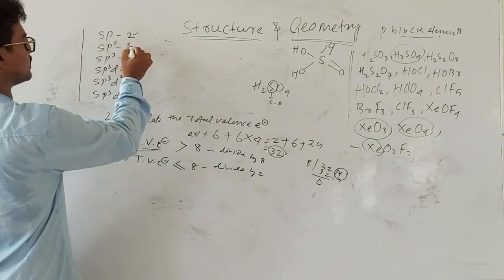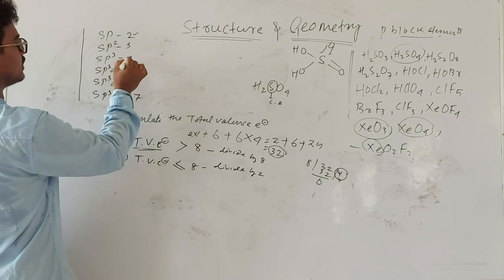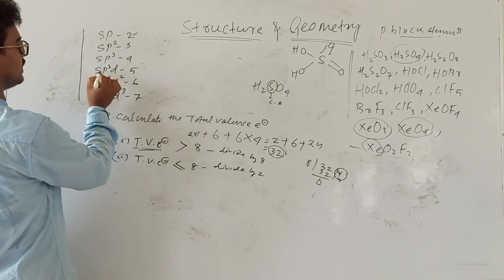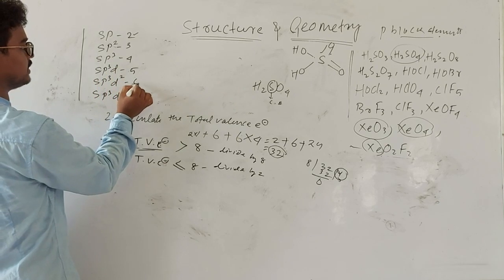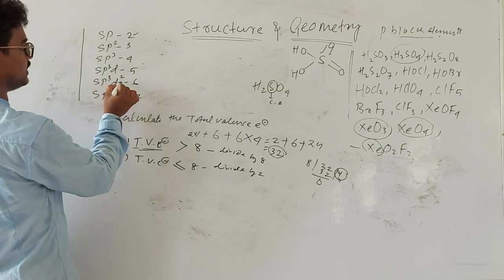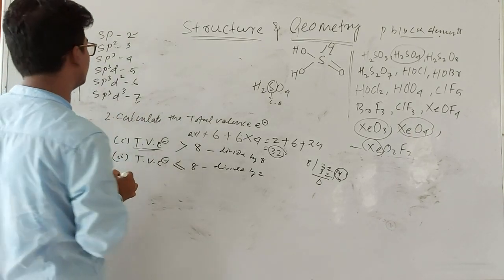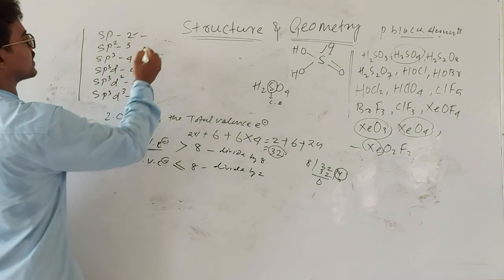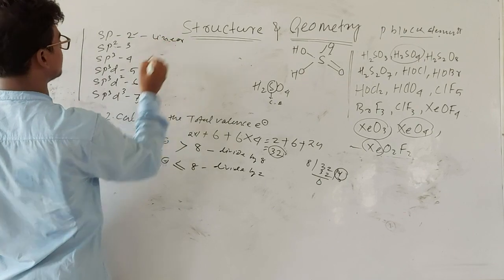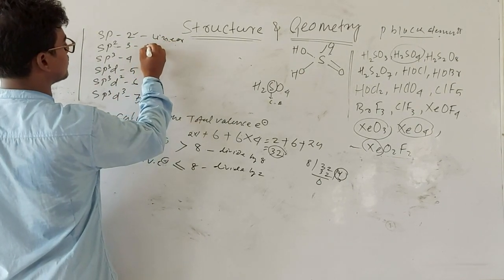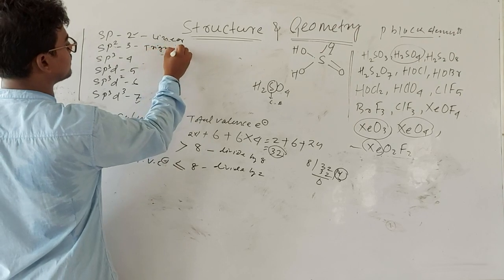Therefore 3 is sp2, and 4 is sp3. If this is 5, then sp3d. If this is 6, then sp3d2, and if this is 7, then sp3d3. For sp, the structure is linear. For sp2, it is trigonal planar.